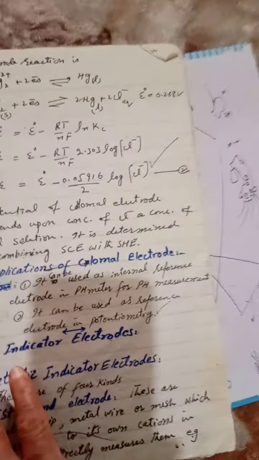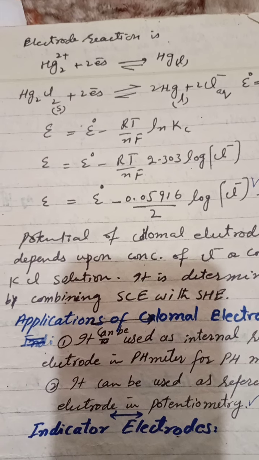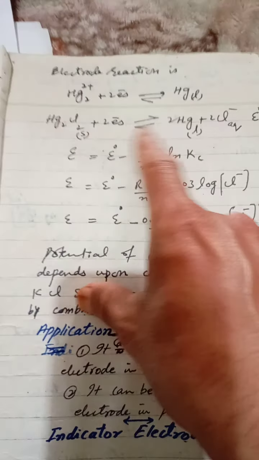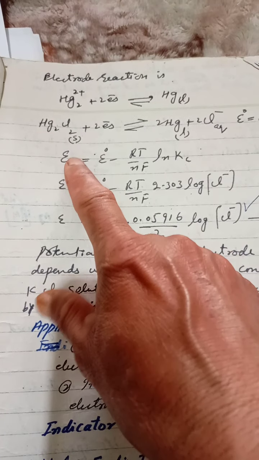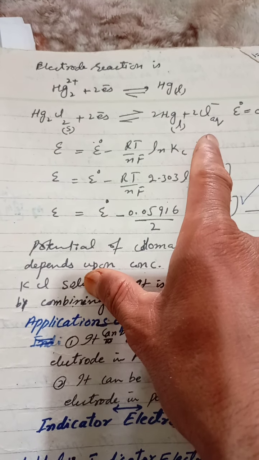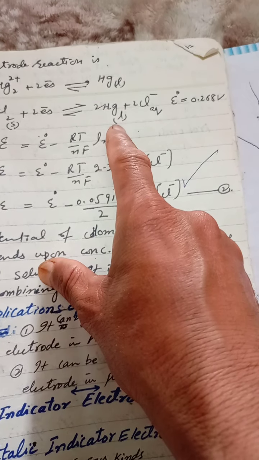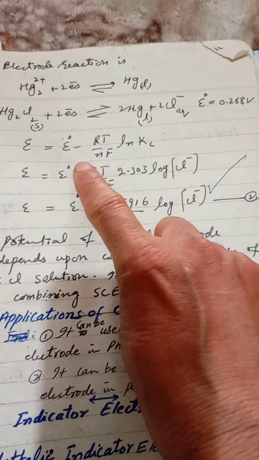Now the cell reactions. Electrode reaction is Hg2Cl2 plus 2 electrons gives 2Hg plus 2Cl negative. Electrode potential is 0.268 volts.